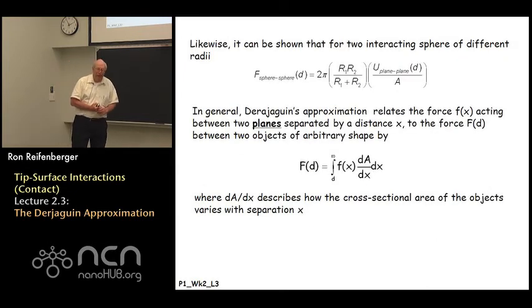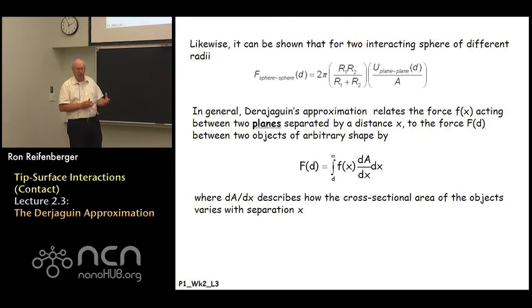The Derjaguin approximation is a little bit more general than what I just indicated on the previous slide. In particular, it emphasizes the force between two objects of arbitrary shape can be calculated in terms of the force that acts between two planes separated by a distance x.